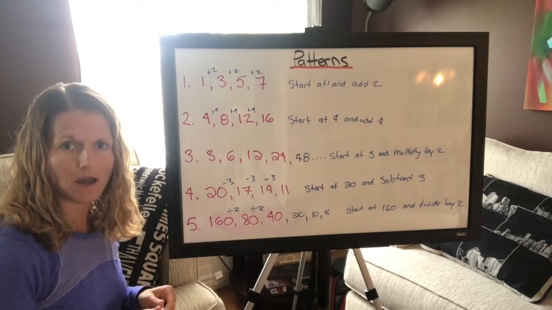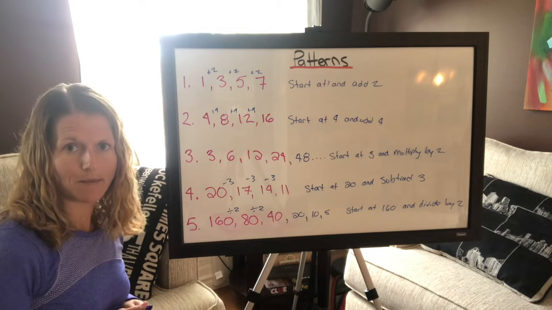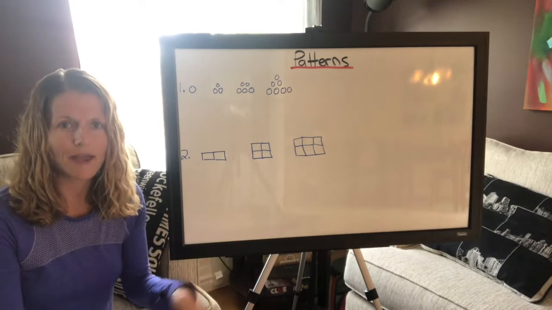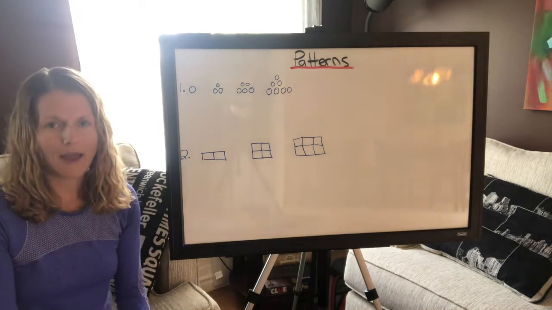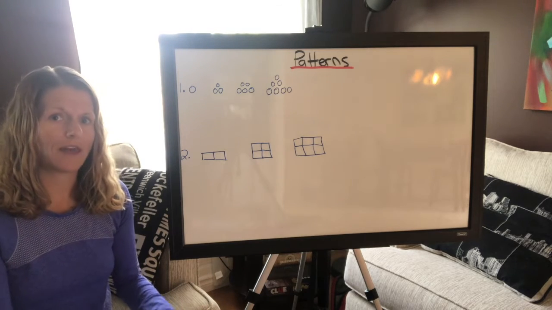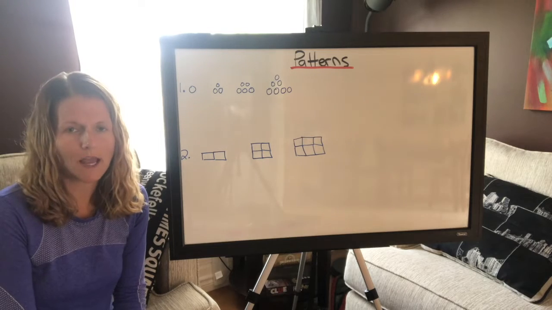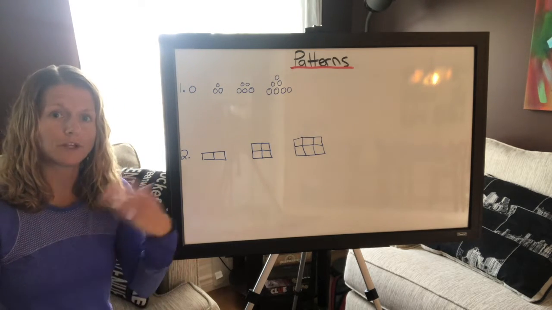The next thing we are going to be talking about is visual patterns and table of values. Here we have some visual patterns. In visual patterns, you can determine the pattern rule and then either continue the pattern by drawing it, or you can use something called a table of values. The table of values will show you the term number.